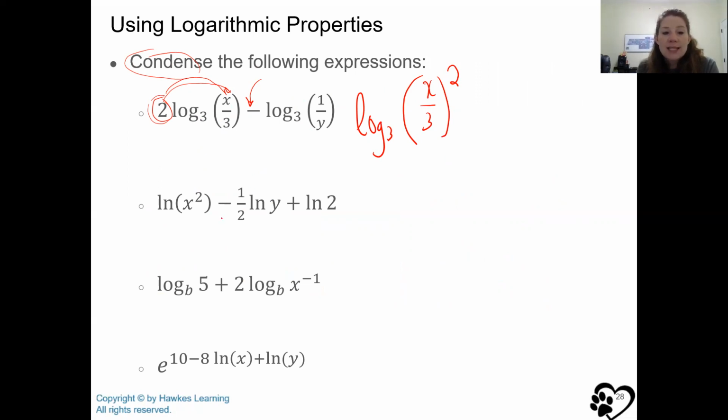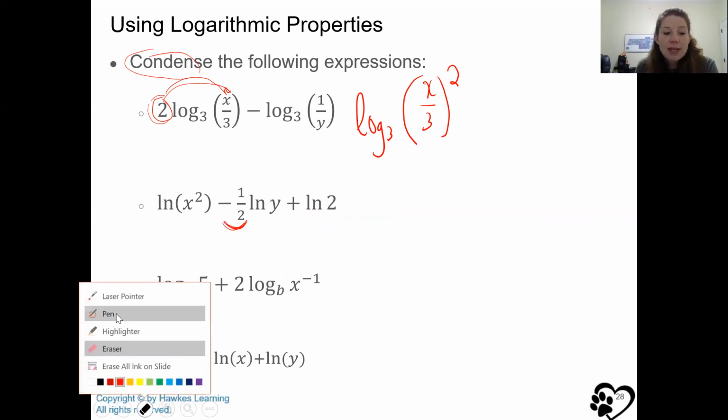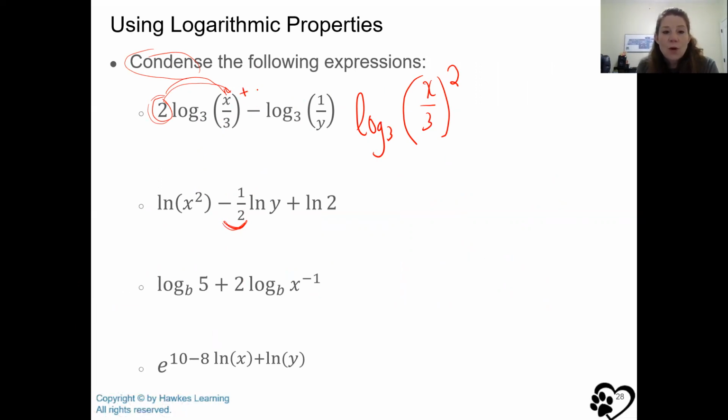Now, if you had minus a number, we're going to leave it as a minus, but when we see minus and there's no number, we're going to think of this as plus a negative 1 times log base 3.